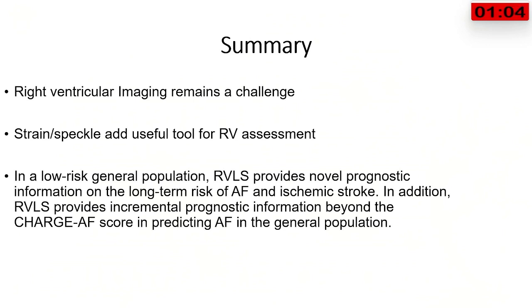It provides important prognostic information beyond the CHA2DS2-VASc score and CHARGE-AF score, in trying to identify these individuals, write to the GPs and monitor them very closely. Hopefully you catch them before they go into atrial fibrillation and present with stroke.